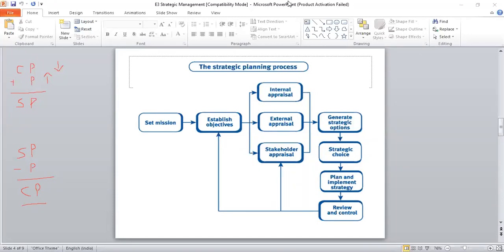So the stakeholder appraisal. The three aspects are considered, and then they have to decide about what are the strategic options. Strategic options, okay. Then we have strategic choice, and then we have plan and implement strategy.